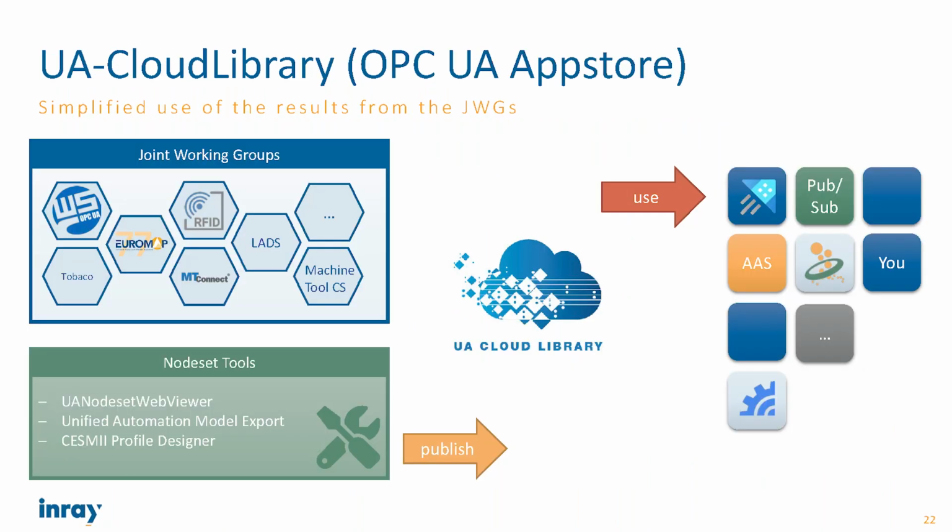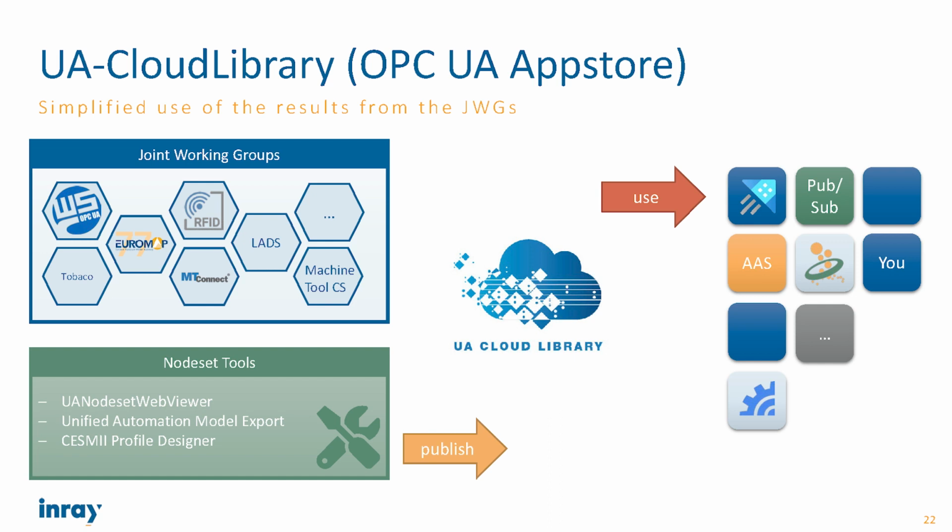And let's take a look at the output of the joint working groups, which through the UA Cloud Library is made available to a bunch of consumers. So all of the great joint working groups where industry experts are designing specifications and using their expertise to define node sets, to define relations between those data points, and to define standards or standardized node sets, standardized information models.